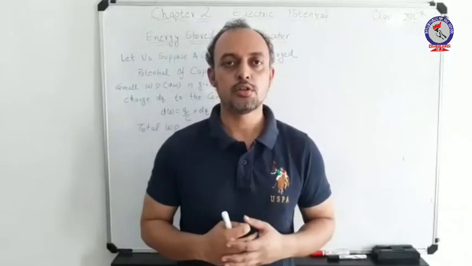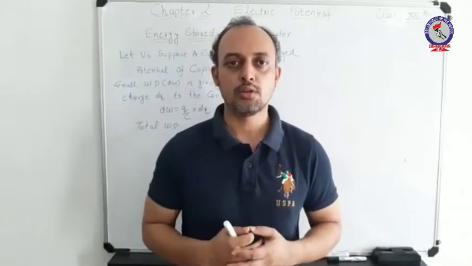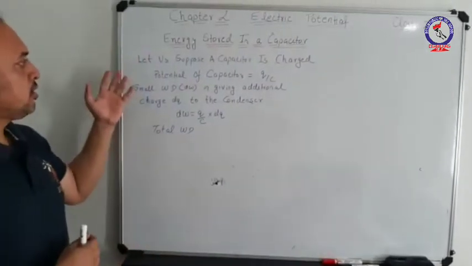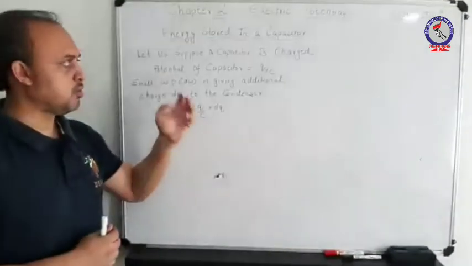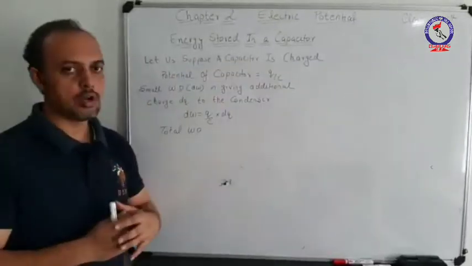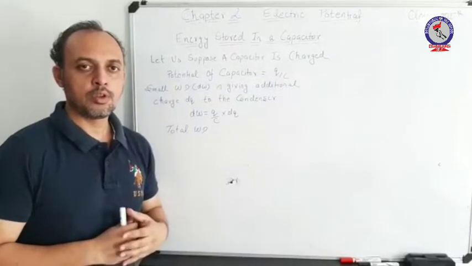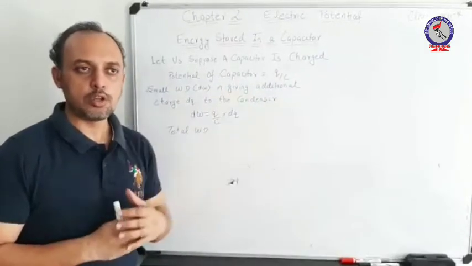Now going through the expression of energy stored in a capacitor, let's go through it. We will consider that we are charging a capacitor. So, on giving a certain amount of charge to a capacitor, there will be a rise in the potential.